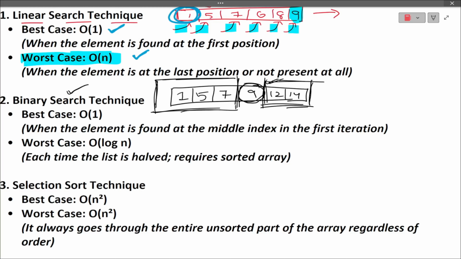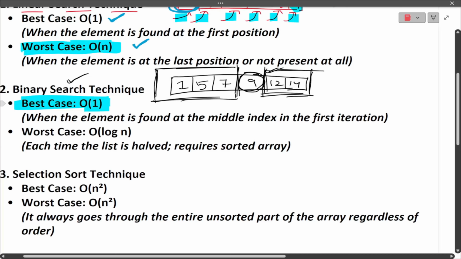So if my number is found at the mid only, that would be the best case scenario. Are you getting what I'm saying? Because at first the mid value is found, and when a number is compared with the mid value, at that time only the number will be considered found. That means it is the best case scenario, that is omega 1, because it has worked for once.